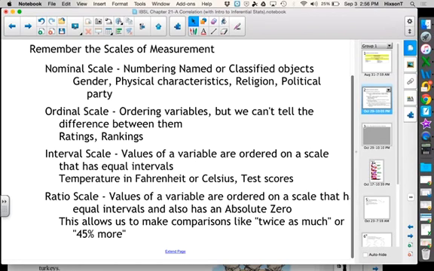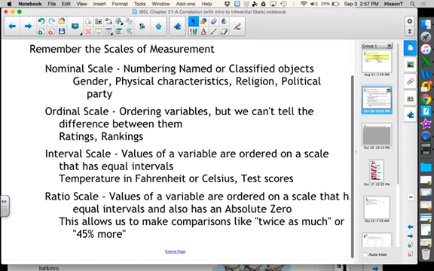One important distinction to make, particularly as you guys work on your IAs, if you're going to do a statistics exploration, which I would recommend, if you're dealing with interval scale values, you can't talk about things being twice as much.